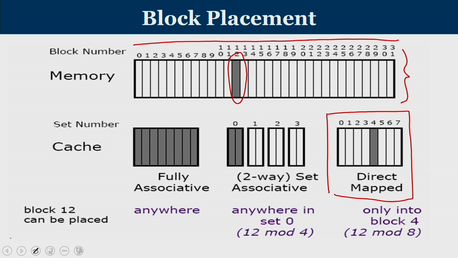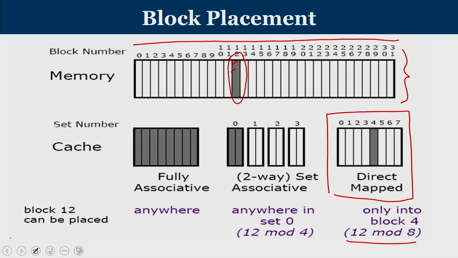Any block in main memory is mapped to that block modulo 8, because I am talking about a cache memory which has 8 sets and each set has only one line. So I have 8 sets in my cache and each set has only one block. So altogether I have 8 blocks.